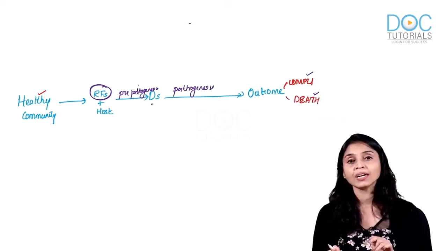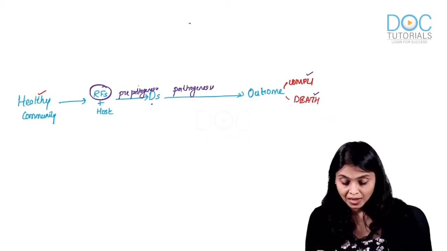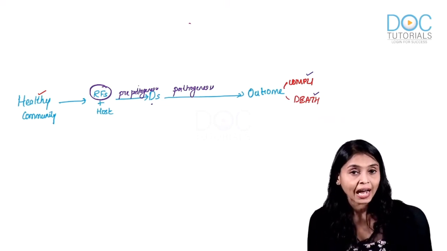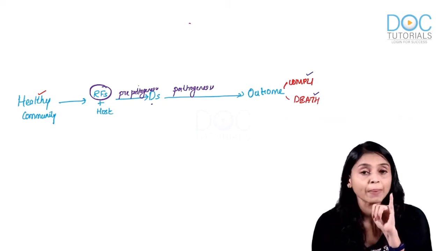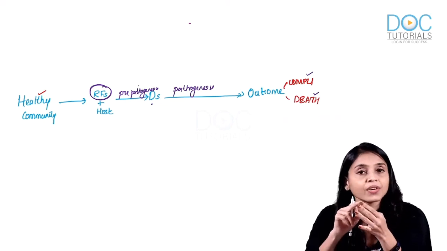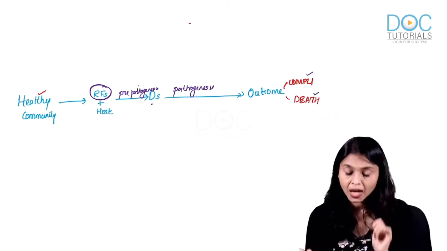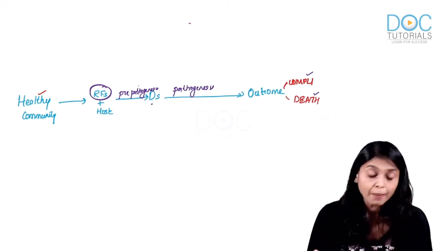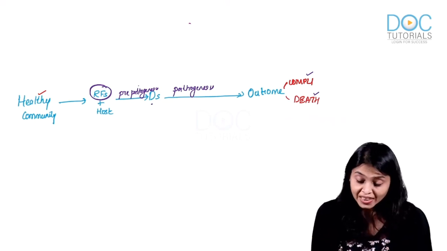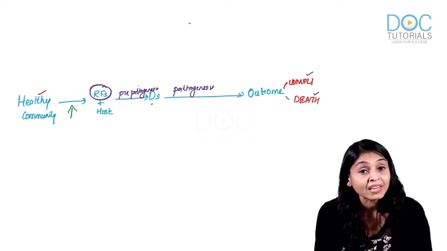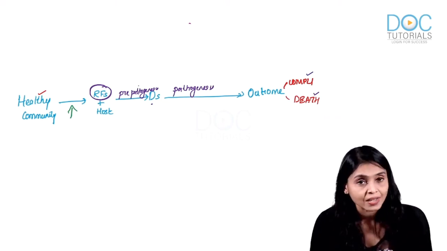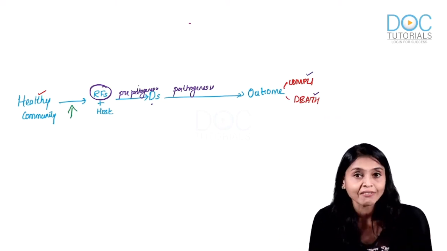Now, depending upon where exactly you intervene from outside, we have 4 levels of prevention. Okay. Which are primordial, primary, secondary, tertiary. Okay. Now, what is primordial prevention? Primordial means you are intervening at the very first stage here, where you are preventing the emergence of risk factors in a community which doesn't have it.